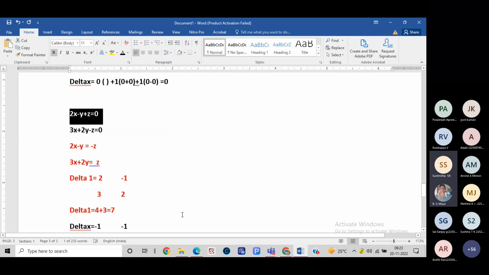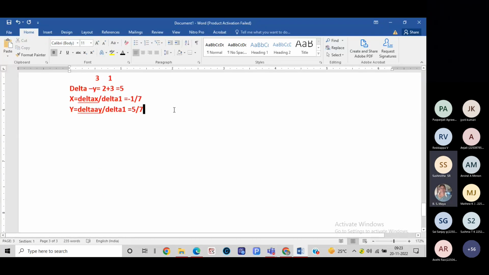You can take 2x minus y plus z is equal to 0. Now substitute: 2 into minus 1 by 7, minus 5 by 7, plus z is equal to 0.